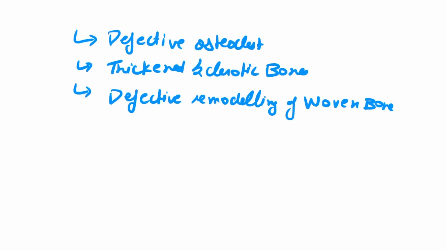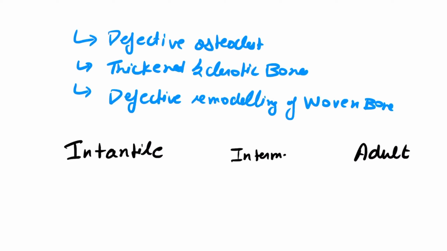Now osteoporosis is of three types. One is infantile. I will write it in black to differentiate. Infantile. The other one is of adult type, and in between there is intermediate type. Now this is important: infantile, intermediate, and adult type.